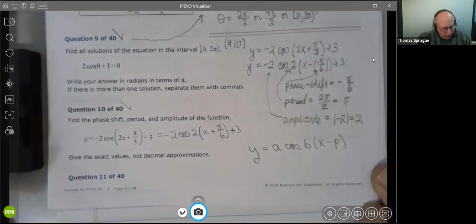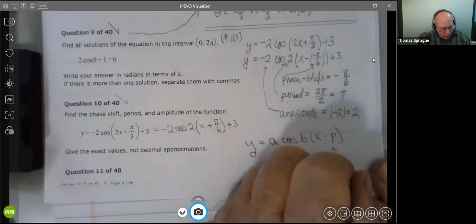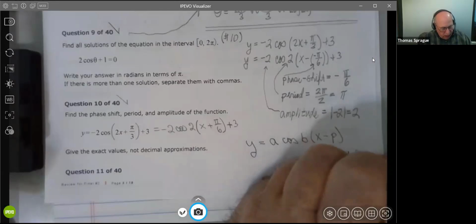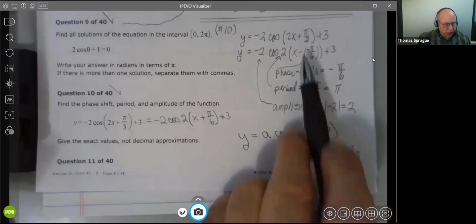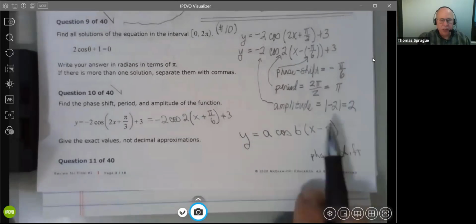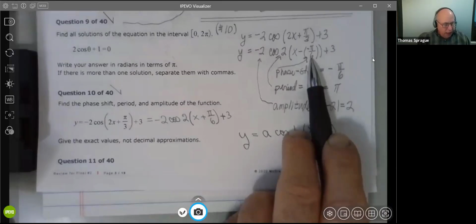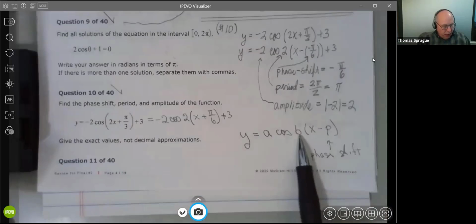This number is the phase shift. And the minus needs to be there in the formula. So if there's a plus here, you write it as a double negative. So the phase shift is minus pi over 6. And the fact that it's pi over 6 rather than pi over 3 is because in the formula, this coefficient on the x has to be factored out.